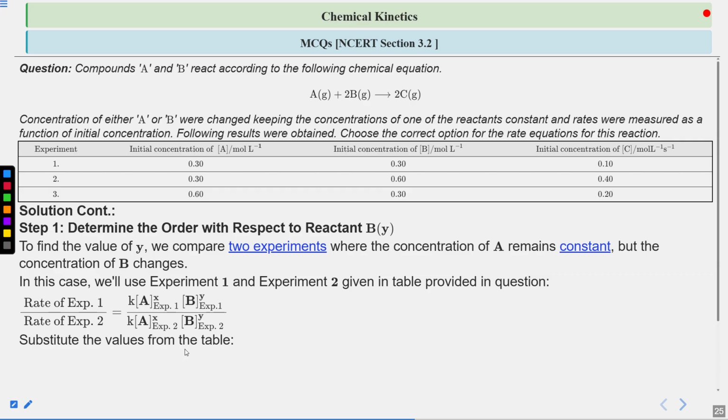Now substitute the values from the table. We know the A and B values for experiments 1 and 2. When you substitute them, this becomes k 0.30^x 0.30^y divided by k 0.30^x 0.60^y.